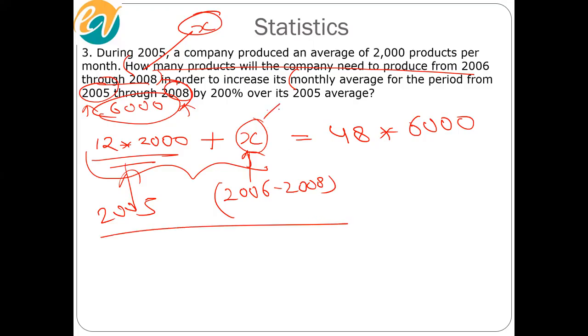Which is X. We've assumed that the company produces X products from 2006, because it says the monthly average for the period from 2005 to 2008 must be this. So the right hand side is basically between 2005 and 2008.